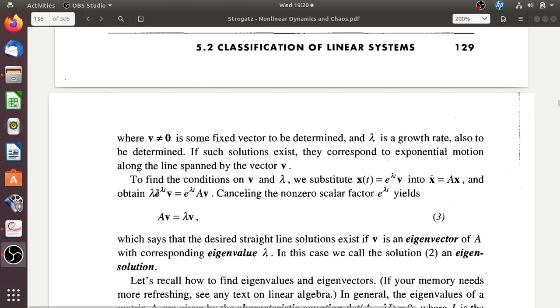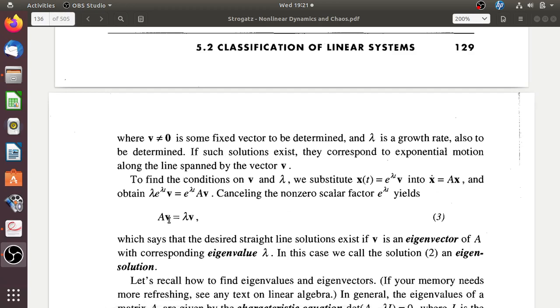And what is lambda? Lambda represents the growth rate, or the decaying rate if the lambda value is negative. And from this we could also see that it's an eigenvalue problem.